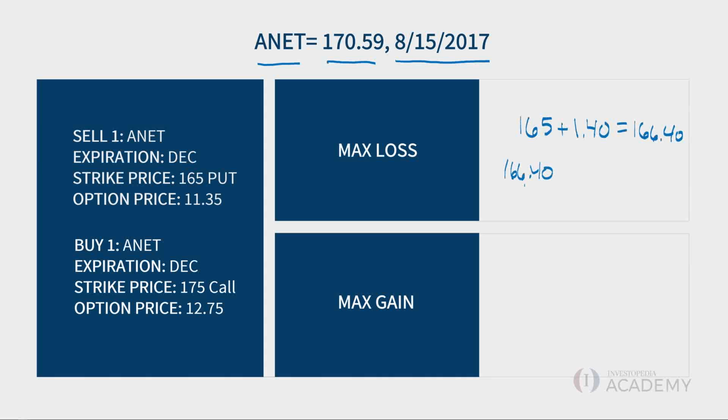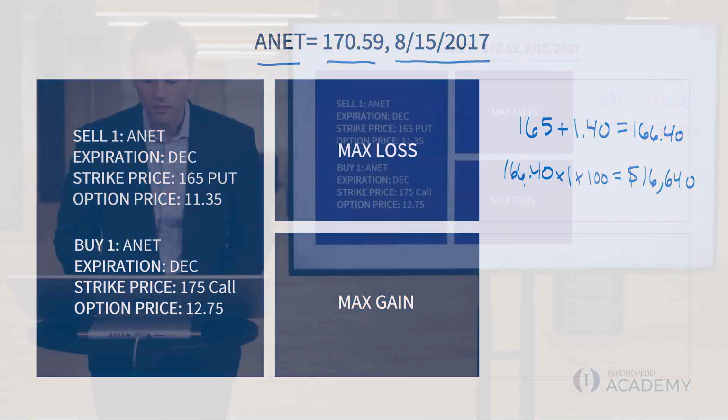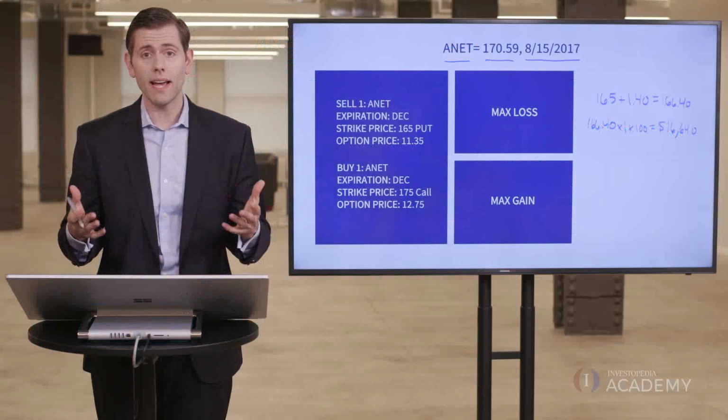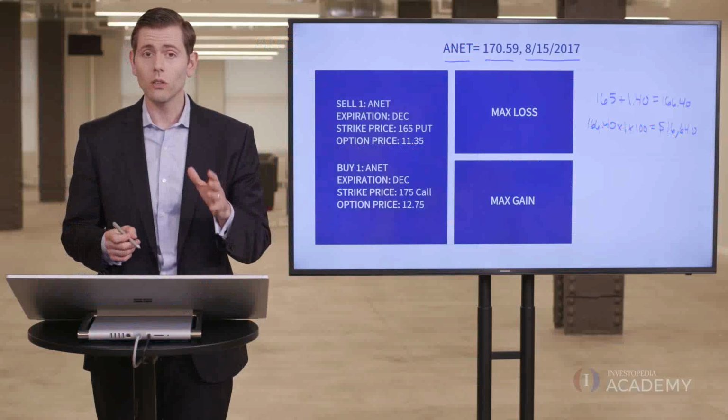Then you have to multiply the number of contracts that we're talking about. It's 1 by 1. Then you have to multiply times 100. Your max loss: $16,640.